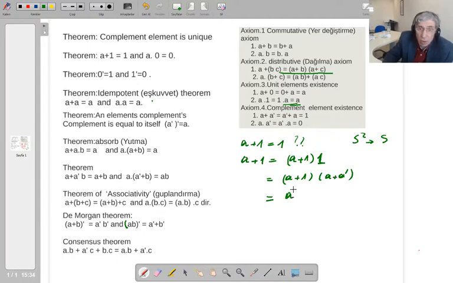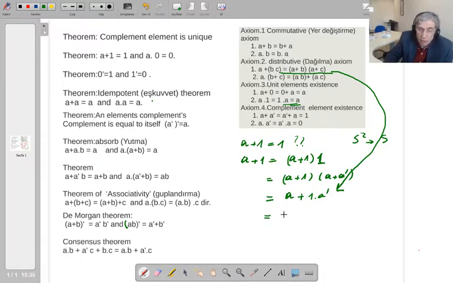Put that a out as it is here, plus the multiplication of the rest of the elements in the parentheses. So 1 times a prime. So I use this theorem now in order to get this. How do I use that? This right hand side here is this. Instead of the right hand side, I wrote this left hand side.